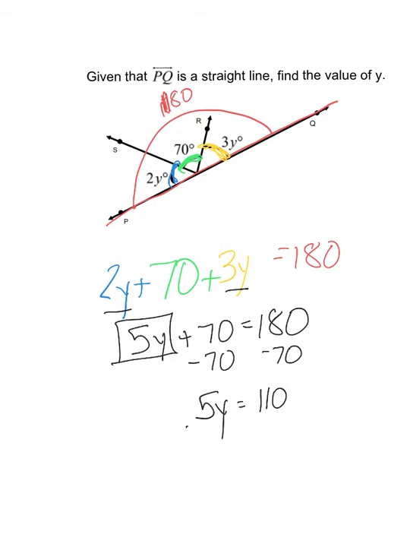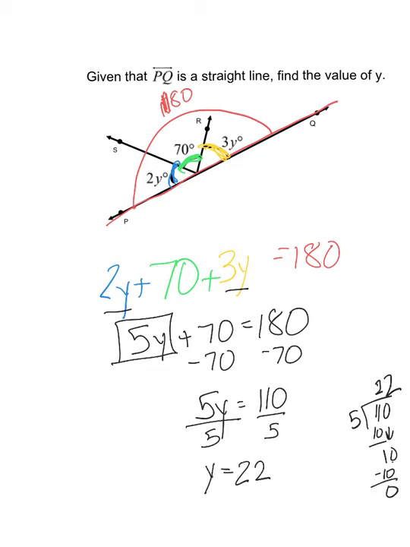I need to get y by itself now, so I'm going to divide both sides by 5. 5 goes into 11 2 times. 11 minus 10 is 1. Bring down my 0. 5 goes into 10 2 times. There is no remainder. So y is equal to 22. Once again, they're not asking me for an angle. They're asking me for the value of y, so I don't need a degree symbol, but if I put one on it, it's okay.